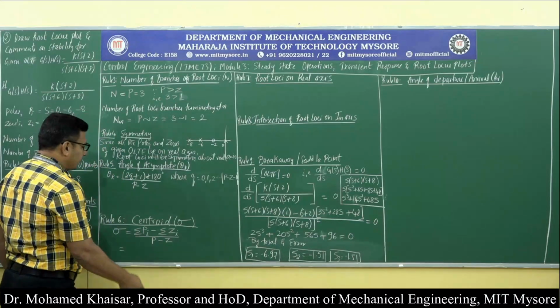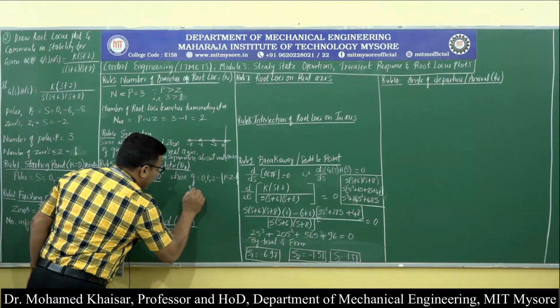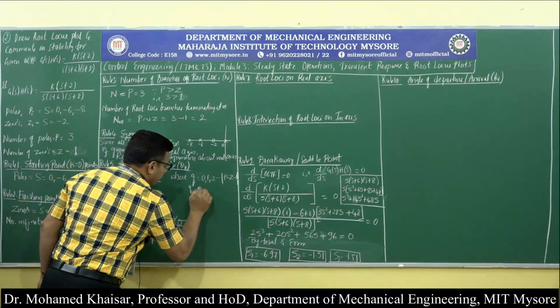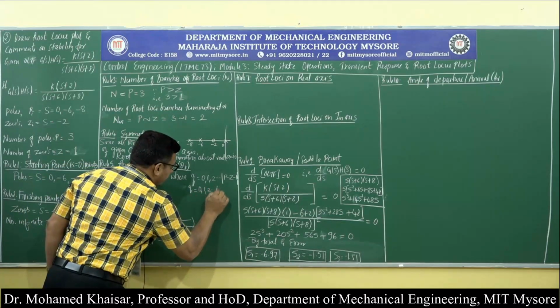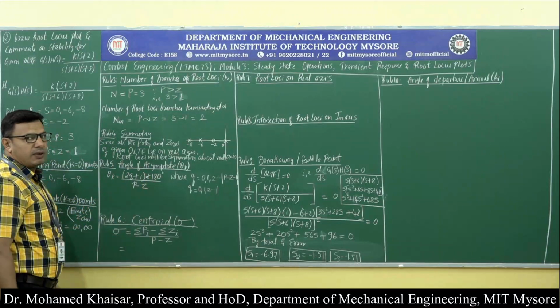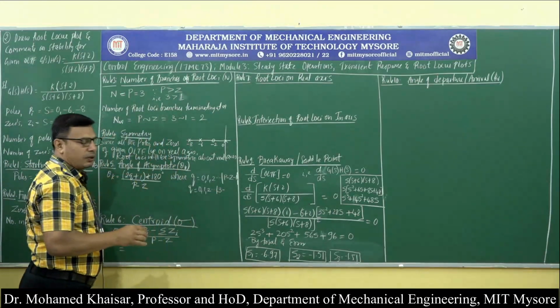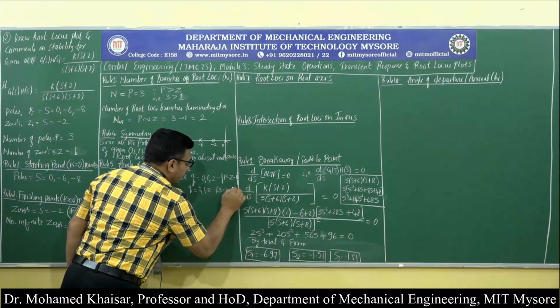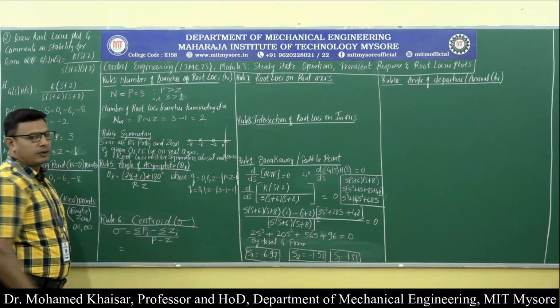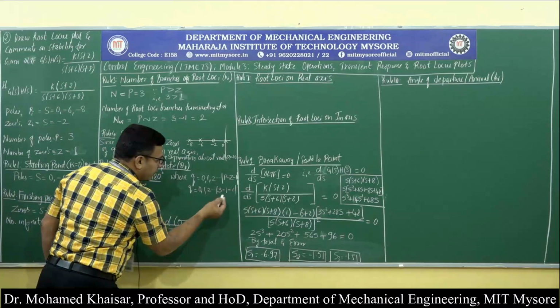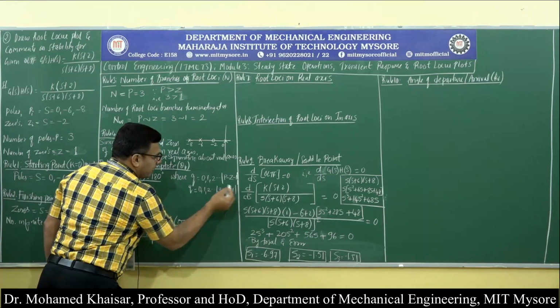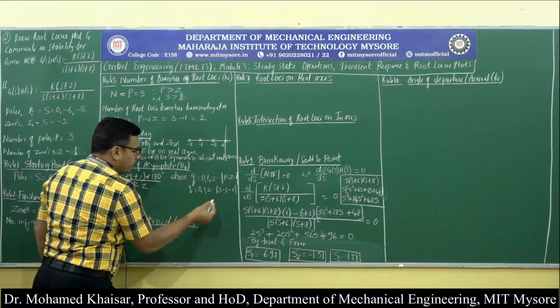Now, in the given problem, q is equal to 0, 1, 2, etc., up to modulus of p minus z minus 1, where p, the number of poles, is 3, and z, the number of zeros, is 1. So what do we get here? 3 minus 1 is 2, and 2 minus 1 is 1.